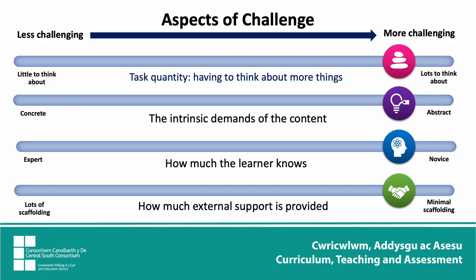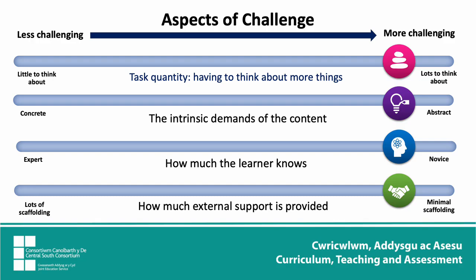If you're talking about how much money you've got in your bank, that's a fairly concrete thing. But if you're talking about social deprivation, then that's a bit more of an abstract concept for learners to get their heads around. So the intrinsic demands of the content is going to depend on what you're teaching in terms of your curriculum, qualifications, etc.